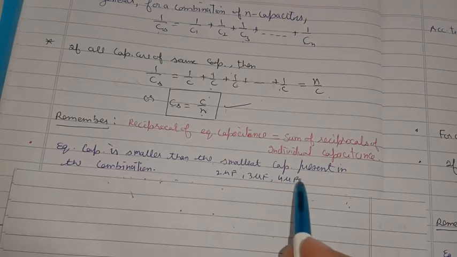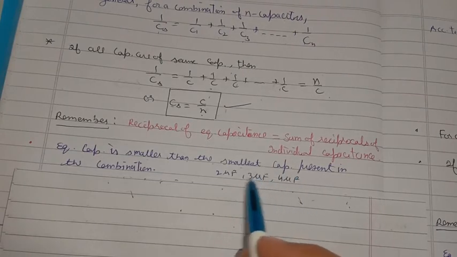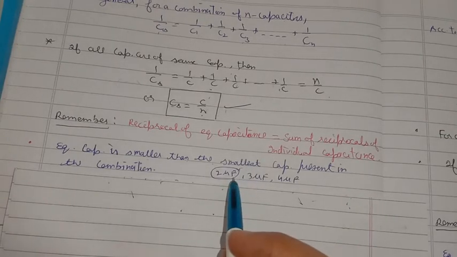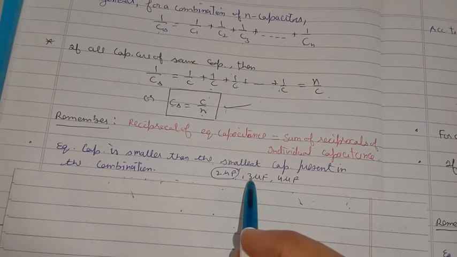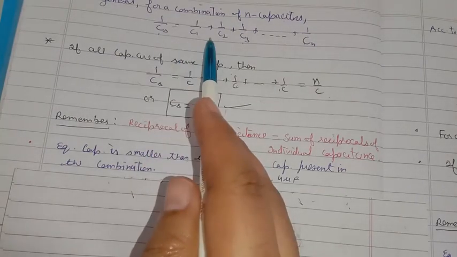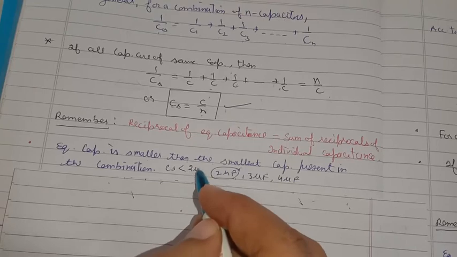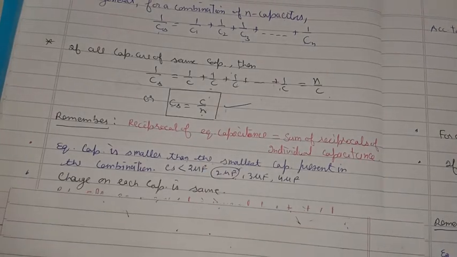What is the smallest individual capacitance in the combination? It is 2 microfarad. So when we find the equivalent of this using this equation, we will get that Cs will be even smaller than 2 microfarad.